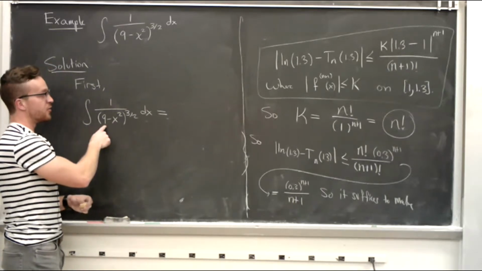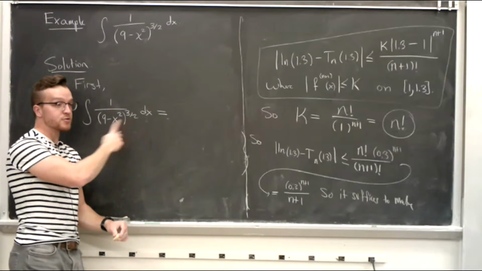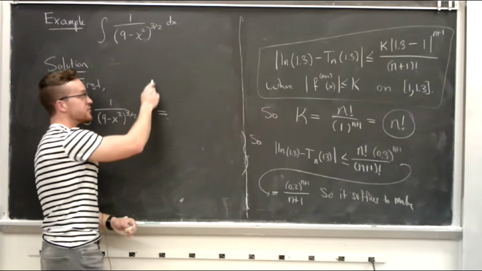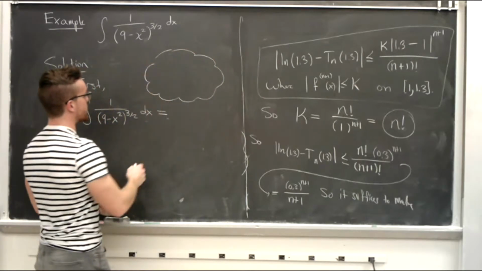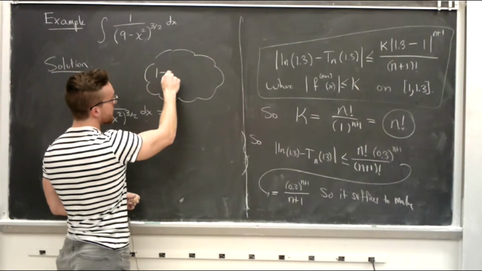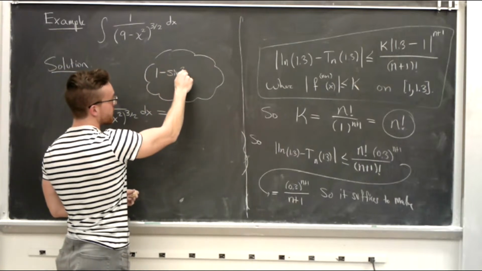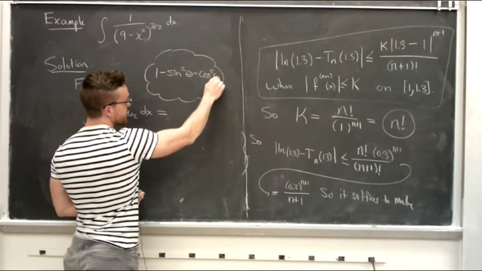So I like the idea to pull out a 9 because the whole idea behind substitution is that we want to use trig identities to our advantage. And the identity that I'm thinking of here is that, for example, 1 minus, say, sine squared of theta, is cosine squared of theta.